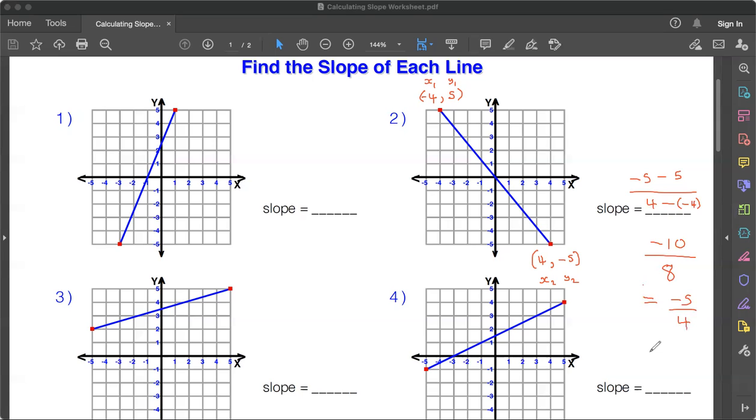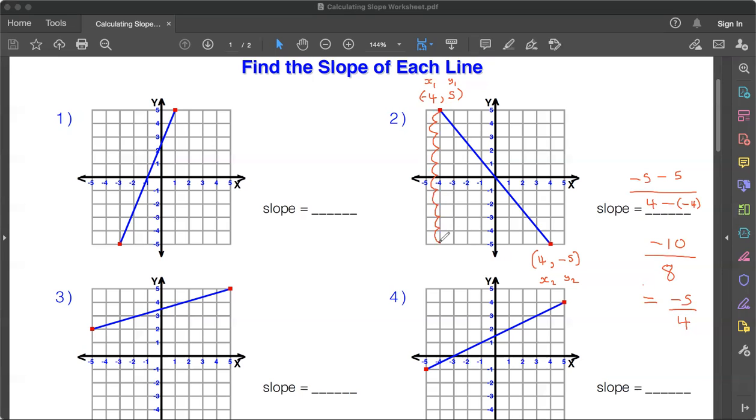Let's double check and see. -10 means I'm going down 10 spaces and across 8 spaces. 1, 2, 3, 4, 5, 6, 7, 8, 9, 10.